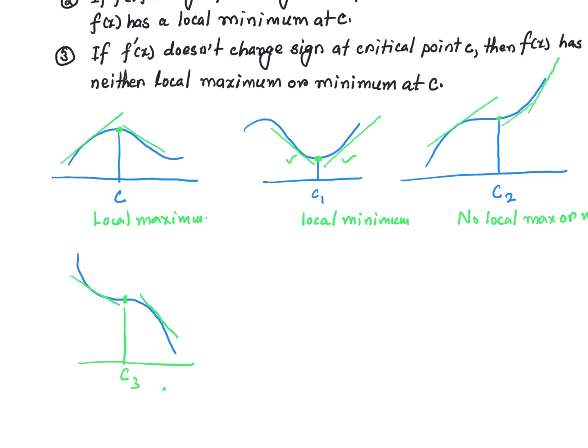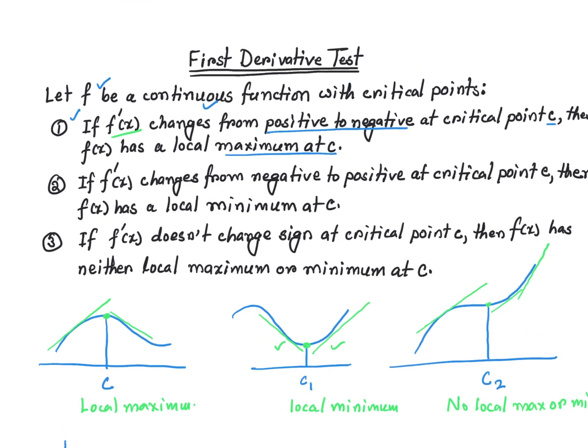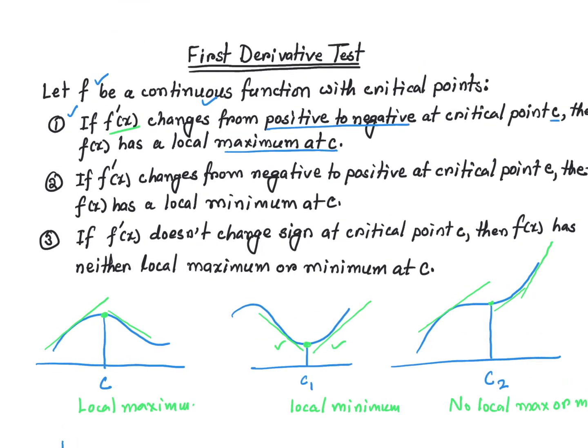Again, no local max or min. So this covers all three scenarios. These diagrams or sketches show what happens in an actual function, so visually, this is very helpful. All three conclusions can be seen in these figures.